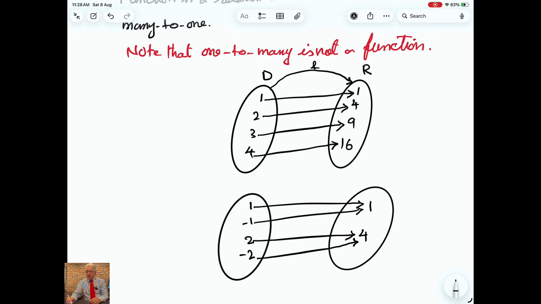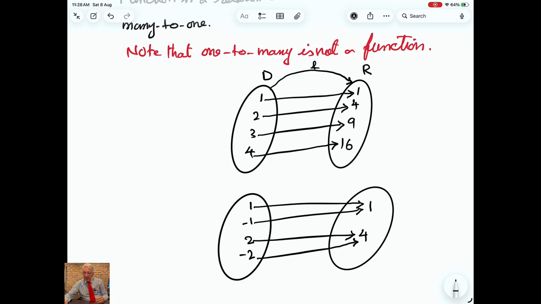What is the image of 2? It is 4. What is the image of -2? Again 4. It doesn't matter. We said every element should have one image. Every element here has got one image, but some of the elements have the same image. That is well defined. When I'm saying 2, everybody answers 4. If I say -2, everybody answers again 4. That does not make any confusion.